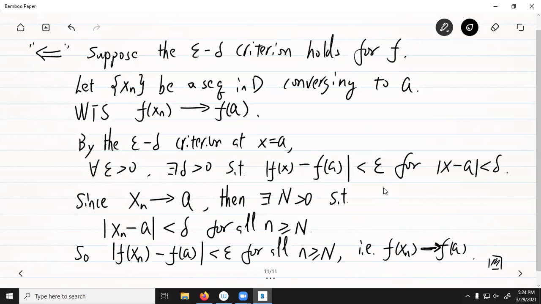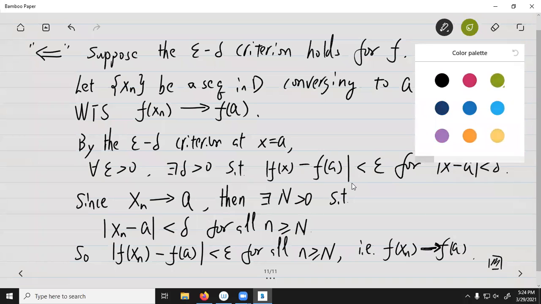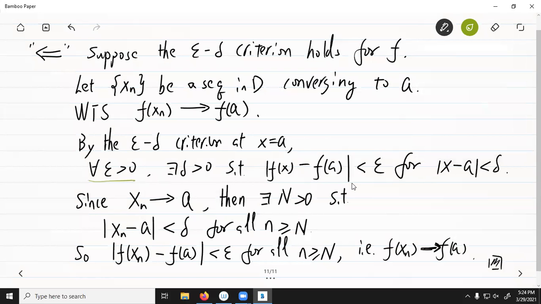For any epsilon greater than 0, there exists a capital N such that f of xn minus f of a is less than epsilon for all n greater than capital N. That is the exact definition for f of xn having the limit f of a.